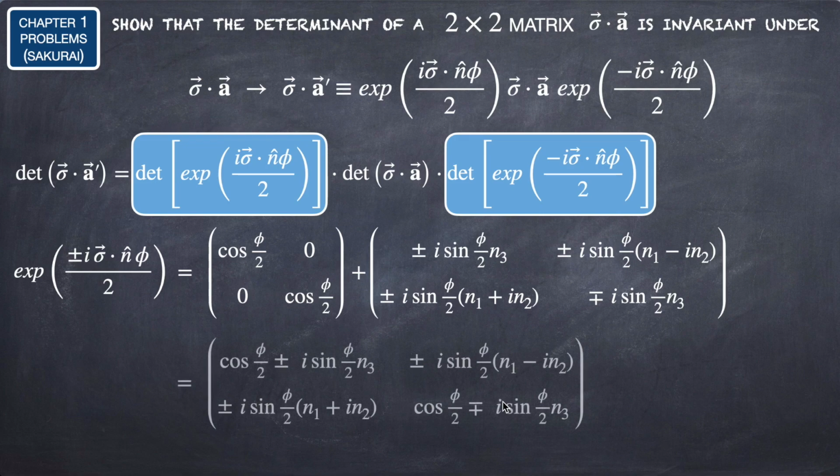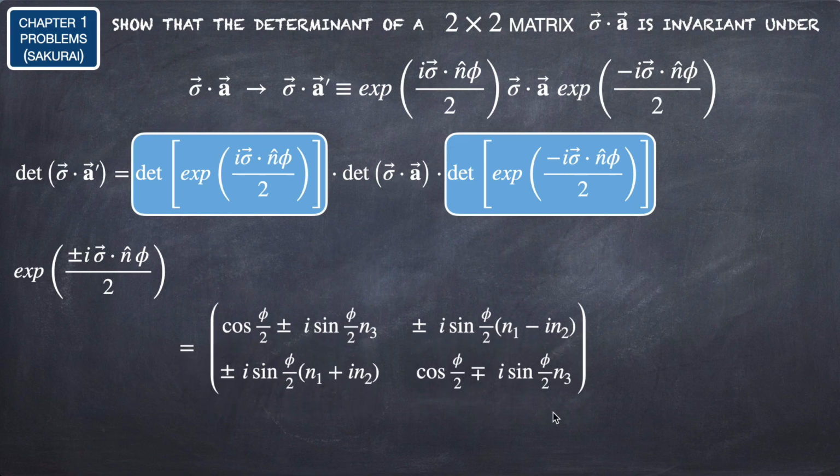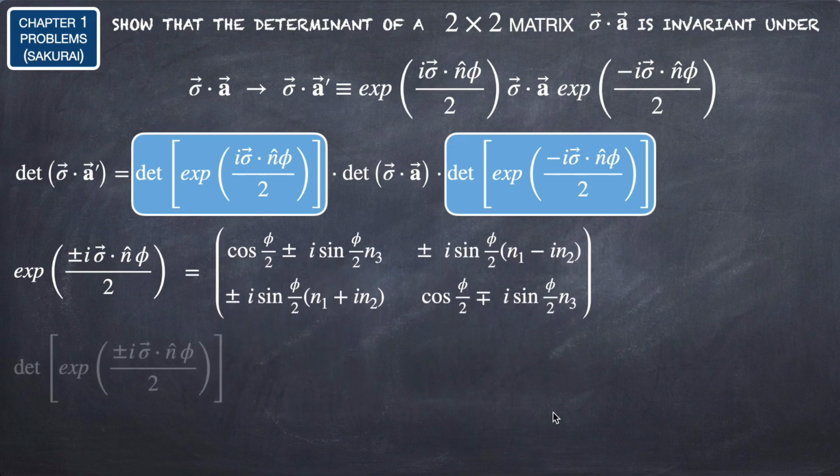Okay, let's sum these two matrices, and then we get this: the diagonal elements are going to be the cosine plus minus this term and the cosine minus plus this term. Okay, now it's easy to calculate the determinant.